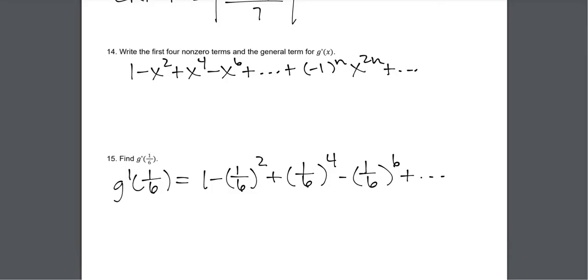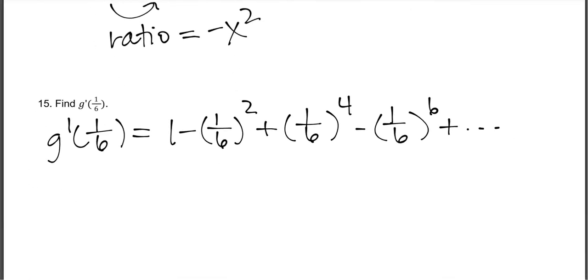I think it's easier to see in the formula here that the common ratio is -x squared. And the negative of the square of 1/6, that's definitely going to be between -1 and 1. This thing converges. I need to verify that convergence before I use the sum formula, though.